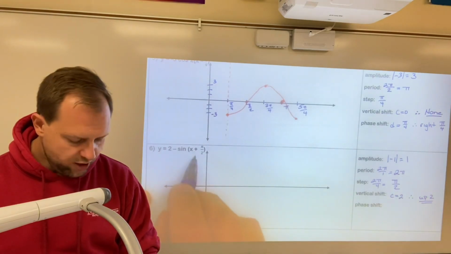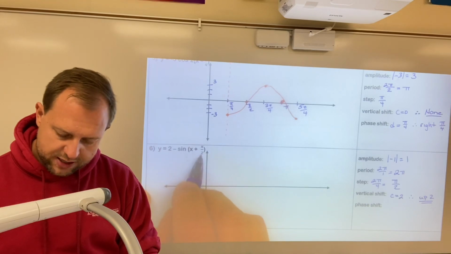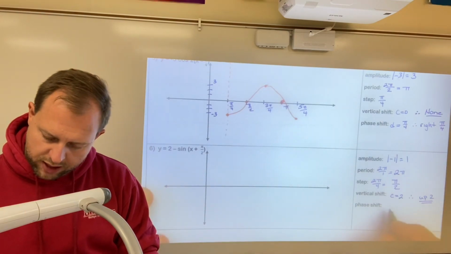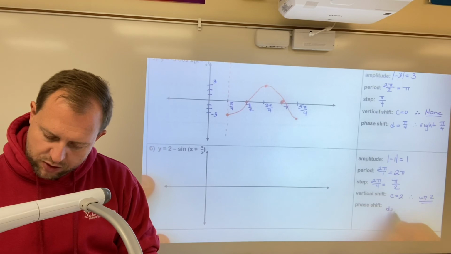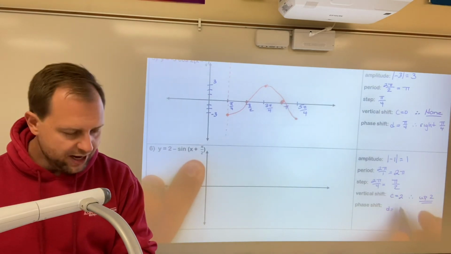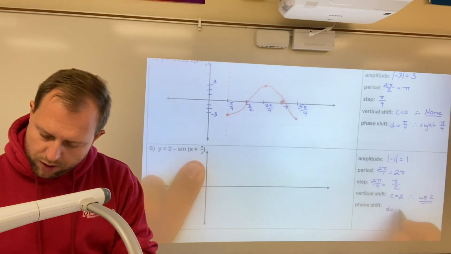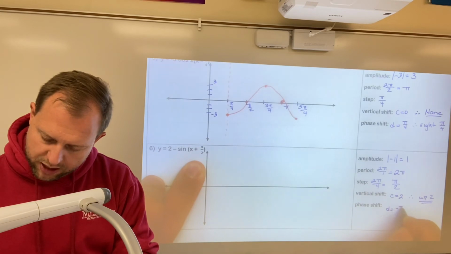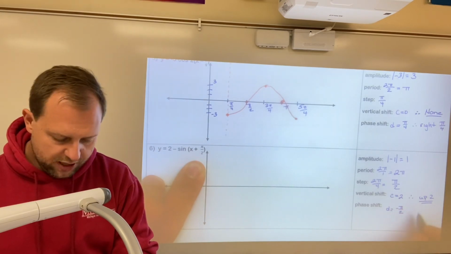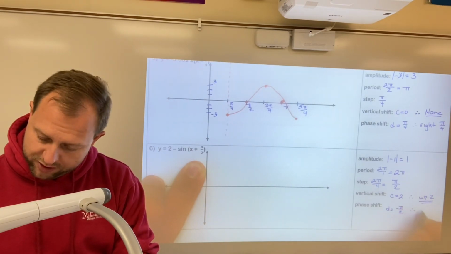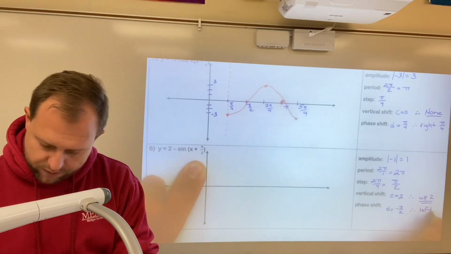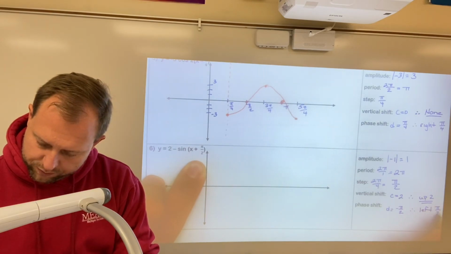And the phase shift, there is a positive pi over 2 in there, but remember that we have to do the opposite because there's a negative in the given equation. So it's really a negative pi over 2 for D, which means we are going to the left by pi over 2.